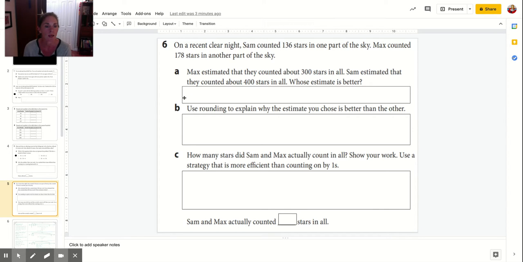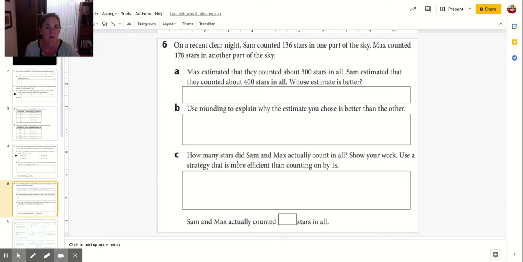So here you're going to write either Max or Sam. Then use rounding to explain why the estimate you chose is better than the other estimate. So using your rounding skills, rounding either to 10 or to the nearest 100, say why you chose Sam or Max here using rounding.